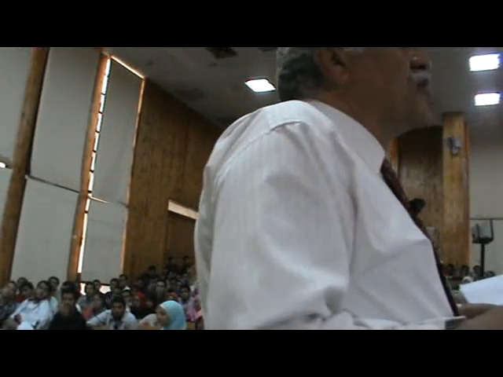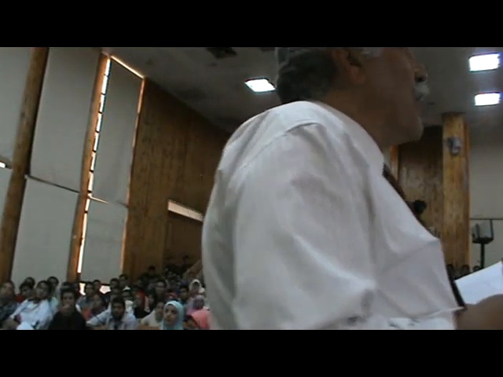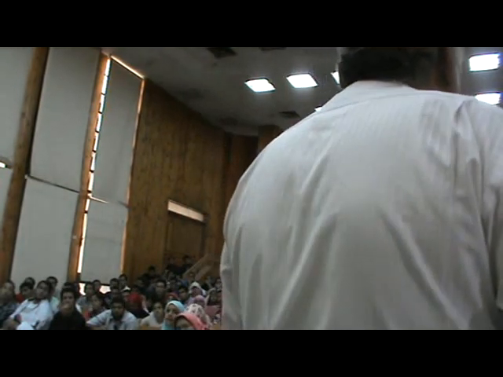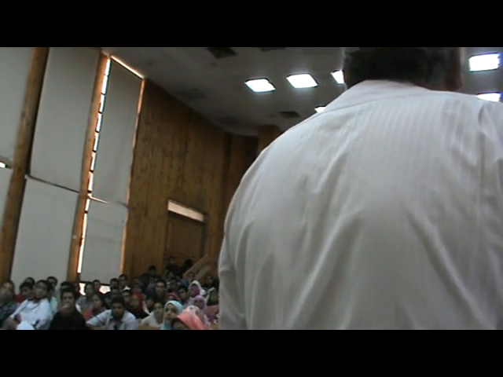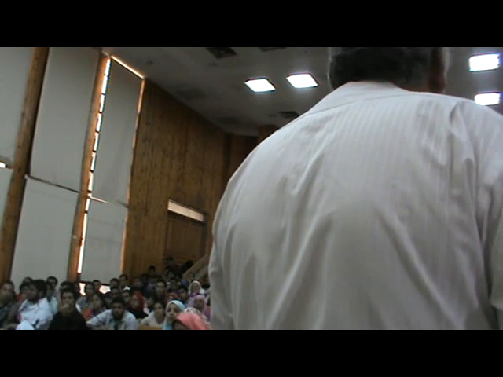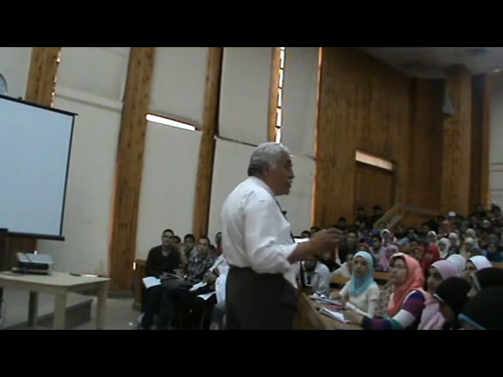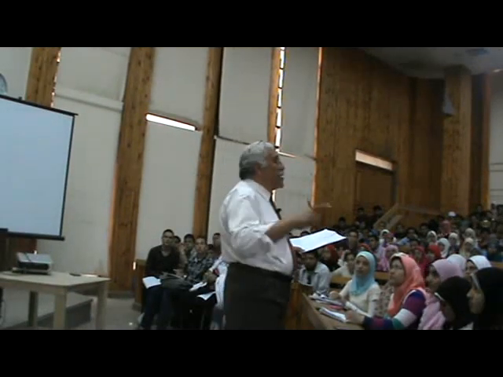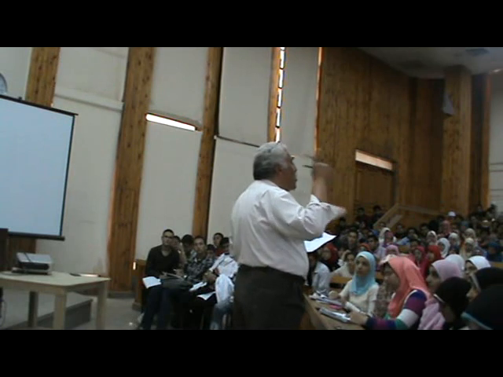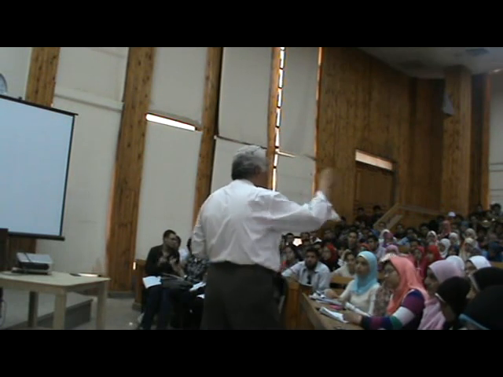What is the most important feature of the first order neuron in the pathway of any sensation? Outside the CNS. Are there any neurons outside the CNS? Yes, present in a ganglion. So the first order neuron is present in a ganglion.